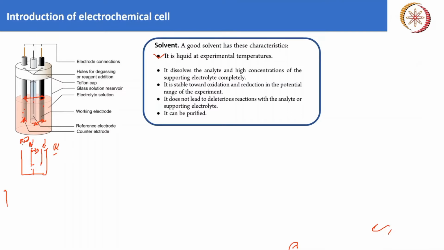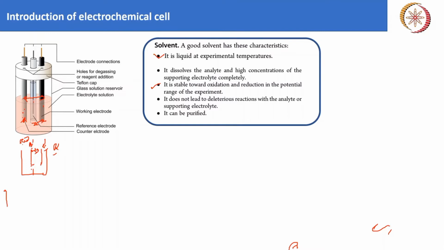Another thing is that whatever analyte you want to measure has to dissolve in the solvent. Suppose you have synthesized some new compound and you want to do a cyclic voltammogram, then you have to first check whether it is soluble in that solvent or not. Then, the solvent should be stable towards the oxidation or reduction potential of that analyte.